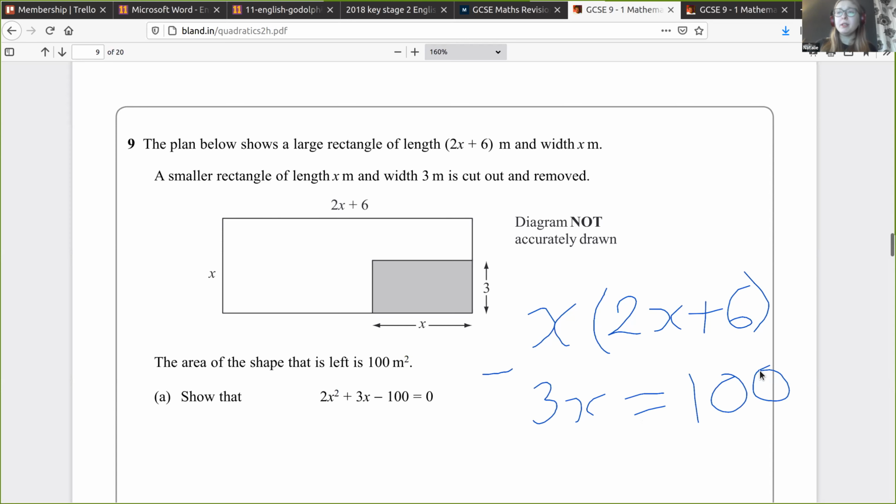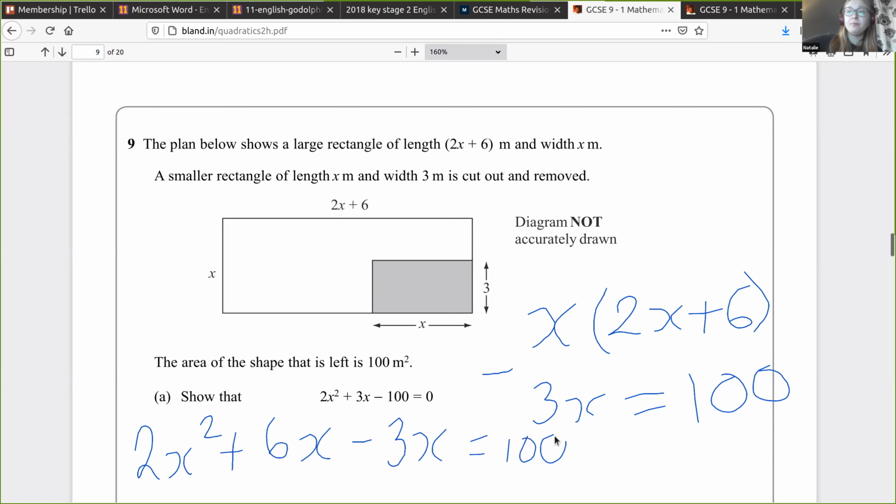Okay, what are we going to do now? Well, we're going to expand that bracket and we're going to hope that that all simplifies down to what we've been asked to show. So if I expand that bracket, I get 2x squared, that's x times 2x, and then x times 6 gives me 6x minus 3x is equal to 100.